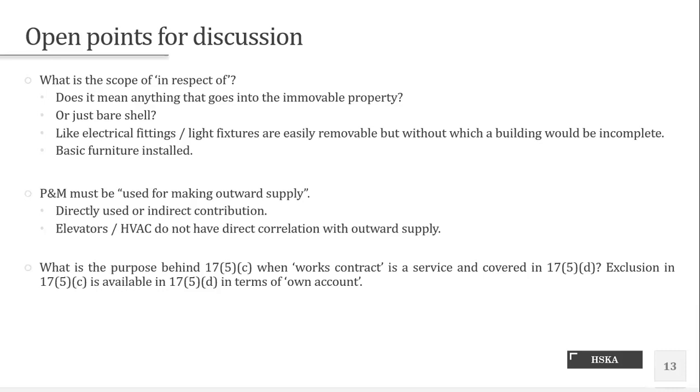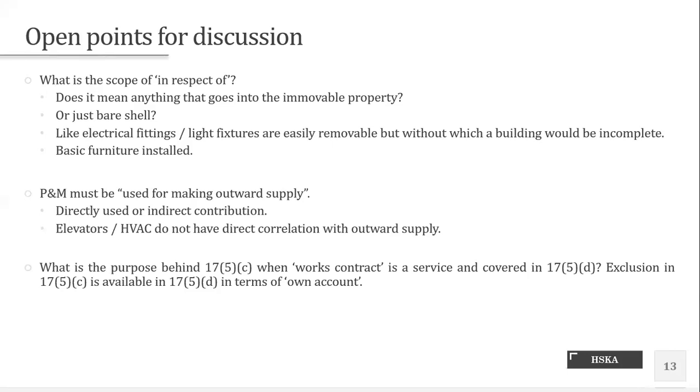Okay, sir. In 17.5C, I feel that even subcontracting also gets included under 17.5C. But there are other views where they say that if I'm doing work as a subcontractor, I'm not covered by 17.5C.